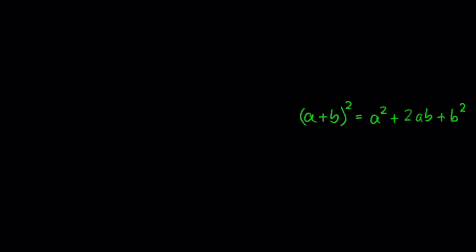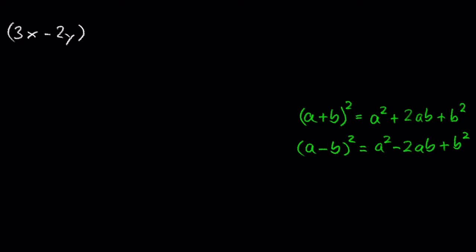The second binomial formula is very simple to memorize. We just have a minus sign between a and b, and the term in the middle has a minus in front of the 2. Let's say we have (3x - 2y) squared.